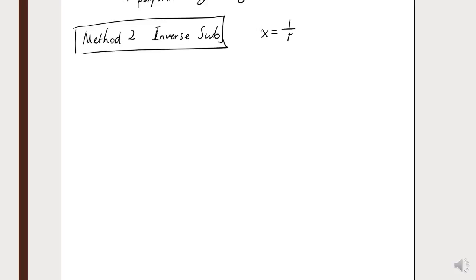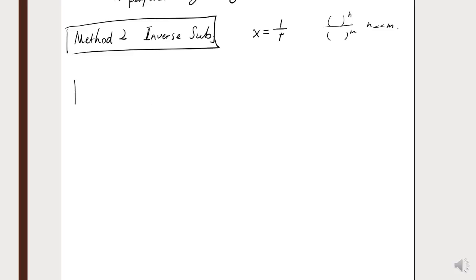This is usually used in a condition where the numerator's order is much lower than the denominator's order. So for example, in the numerator we have nth order, and in the denominator we have mth order, and n should be much smaller than m.